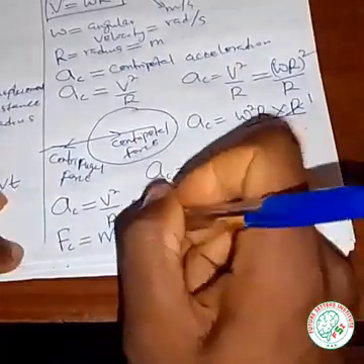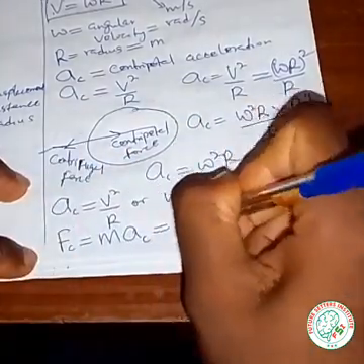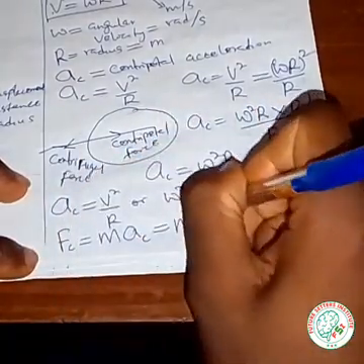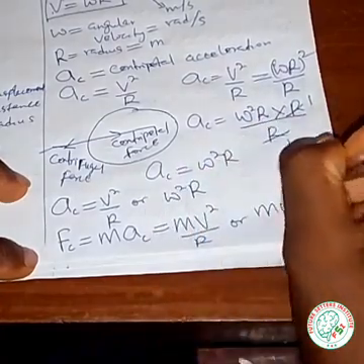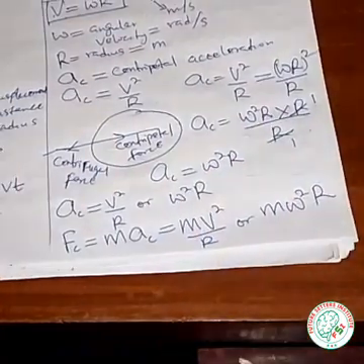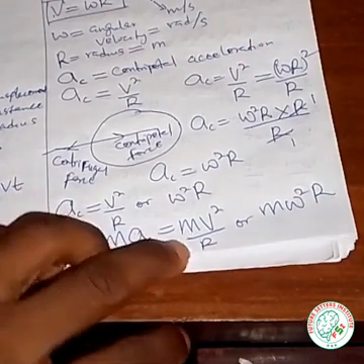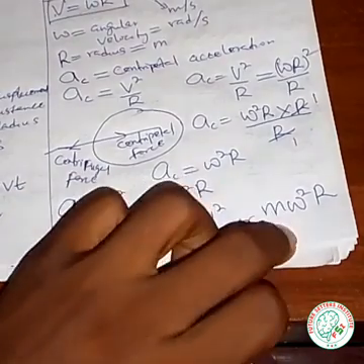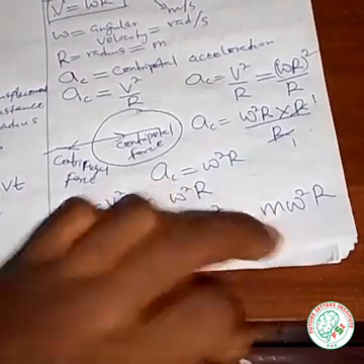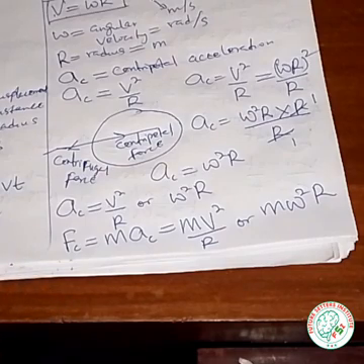So this is m AC, which is m times AC, which we already have to be v squared over r, or m times omega squared r. So FC is mv squared over r, or FC is equal to m omega squared r. Any of these formulas can work and give us the best answer we need.